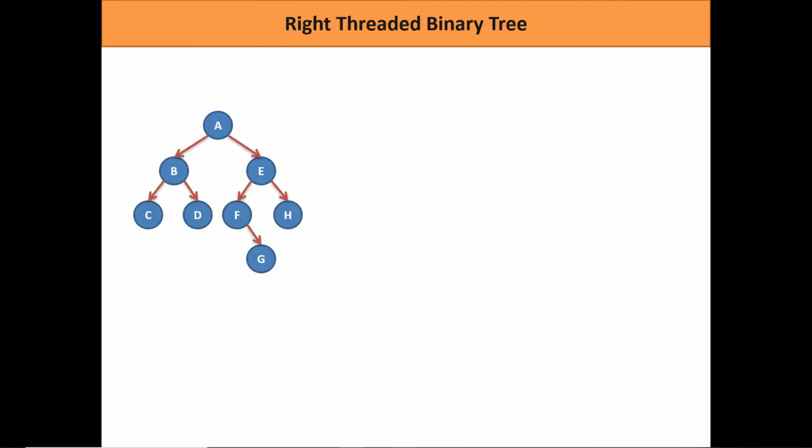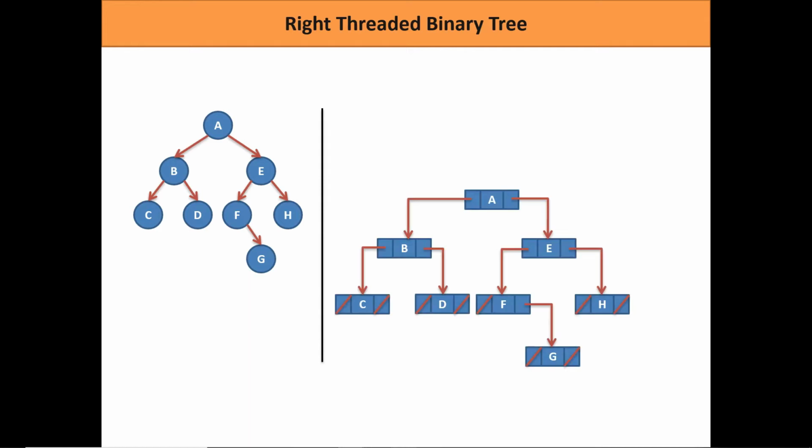For this, one binary tree is already given over here. Now this is the link representation of this binary tree. Now in right threaded binary tree, every right null link of each and every node of this tree is replaced with the address of its in-order successor.